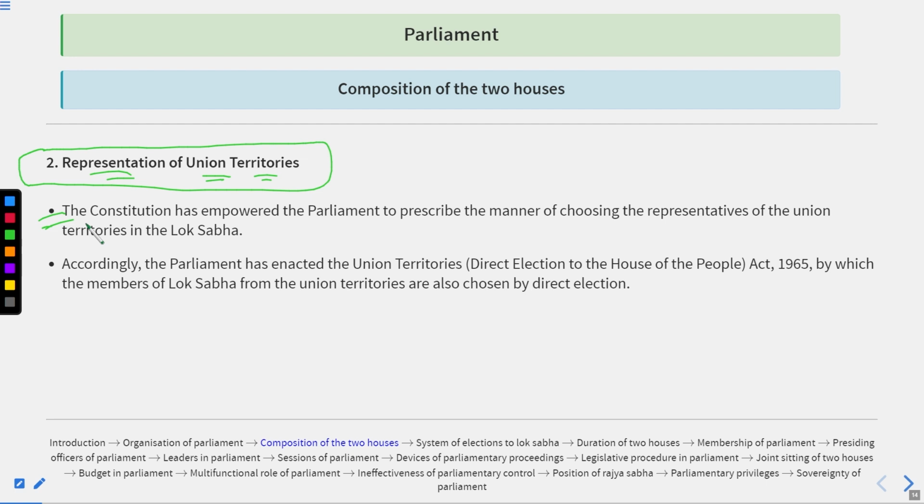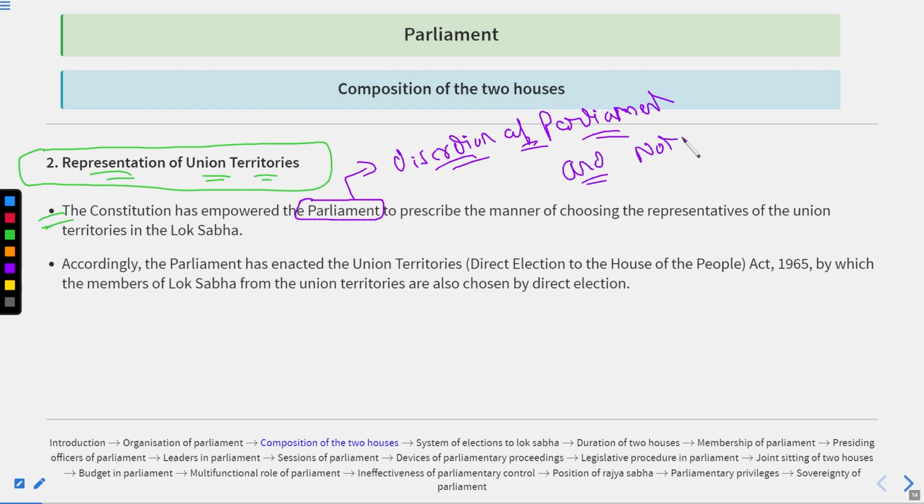It means the manner in which the election of UTs would be carried out basically depends upon the discretion of parliament, and is not a constitutional one.